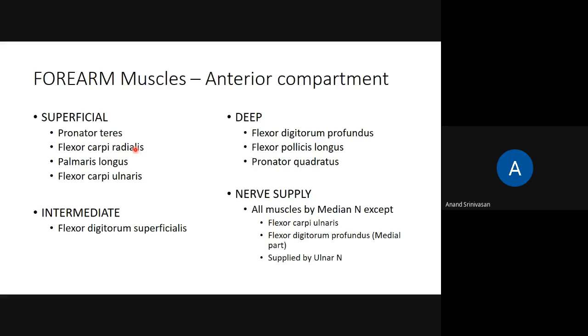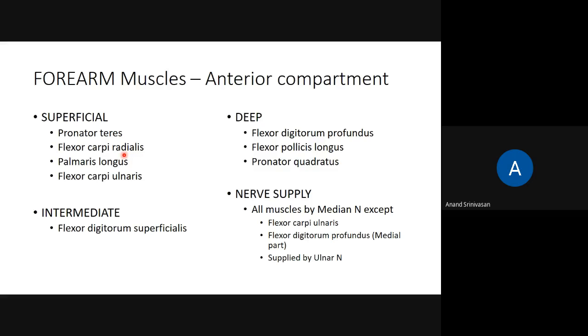So what is this muscle? This is a flexor muscle, that is, it helps in flexion. Flexion of what? The wrist. What are the bones present in the wrist called? Carpal bones. Carpi. So flexor carpi. And where is it attached to?